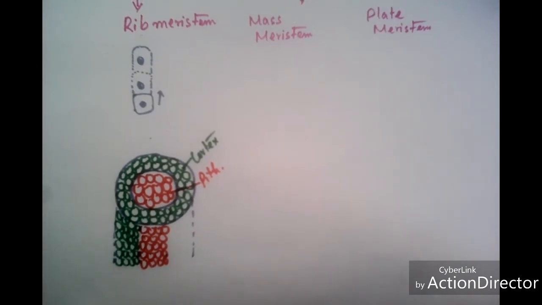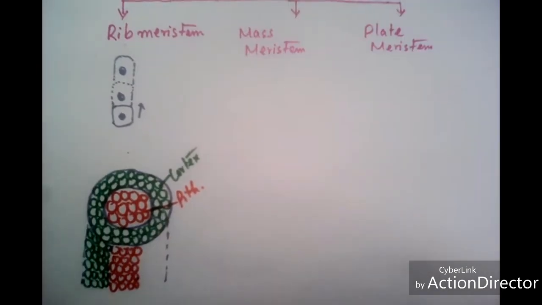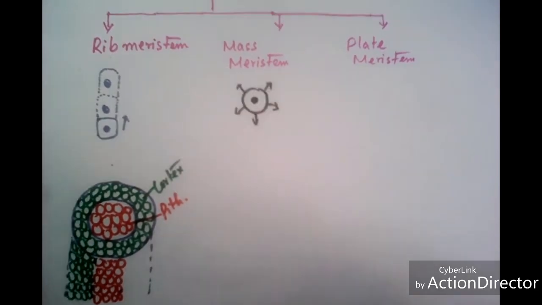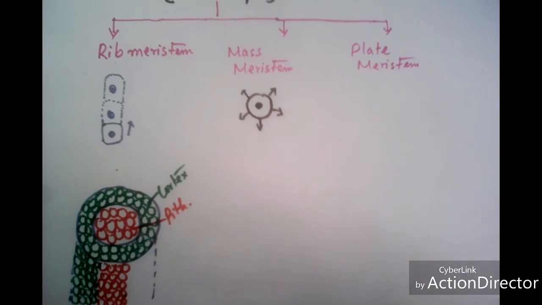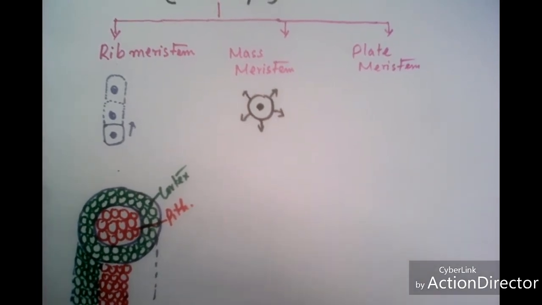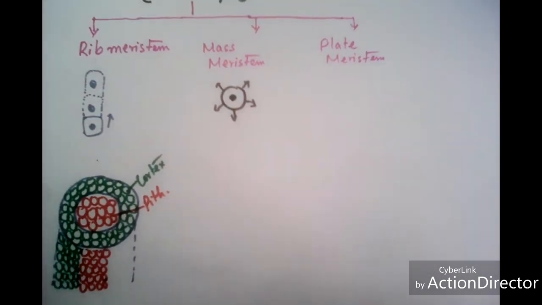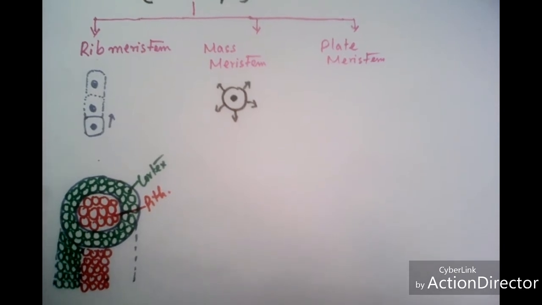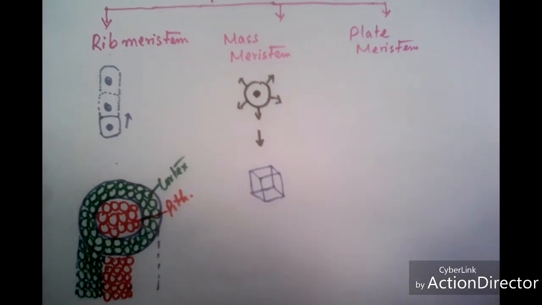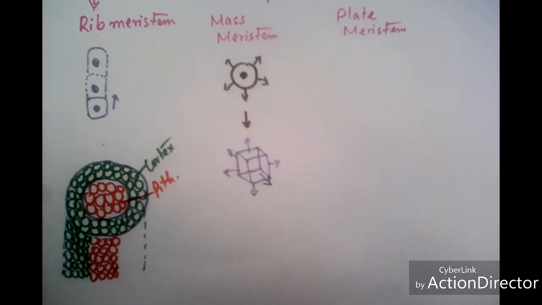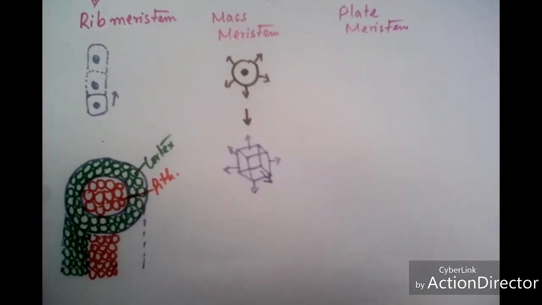Now mass meristem. When cells divide three-dimensionally, or on all sides, then this type of meristem is called mass meristem. Examples are endosperm or embryo. So in this case, cells divide in all directions and produce a mass of cells.